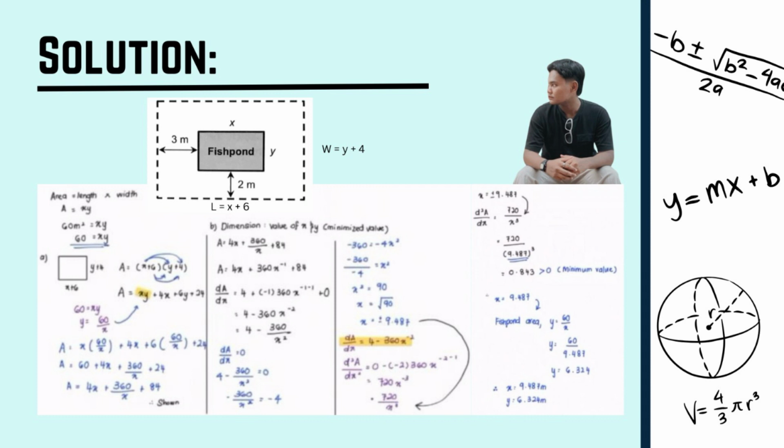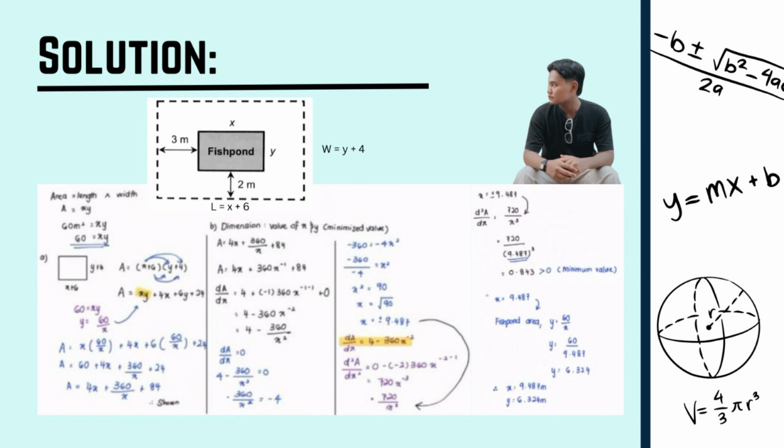Differentiate, dA over dx equals 4 plus negative 1, and don't forget to multiply with 360x to the power of negative 2 plus 0. So 4 minus 360 over x square. So we're going to let dA over dx equal to 0. So 4 minus 360 over x square equals 0.